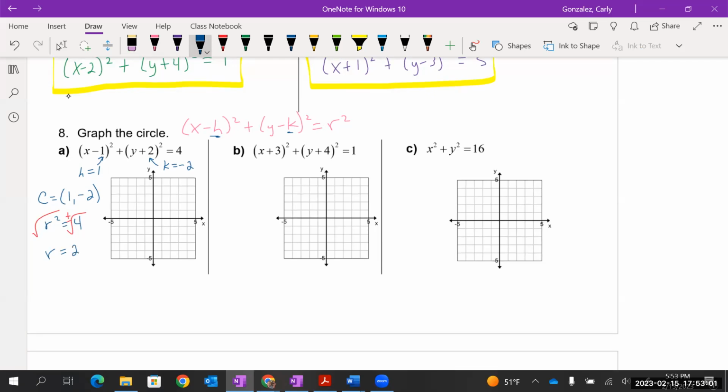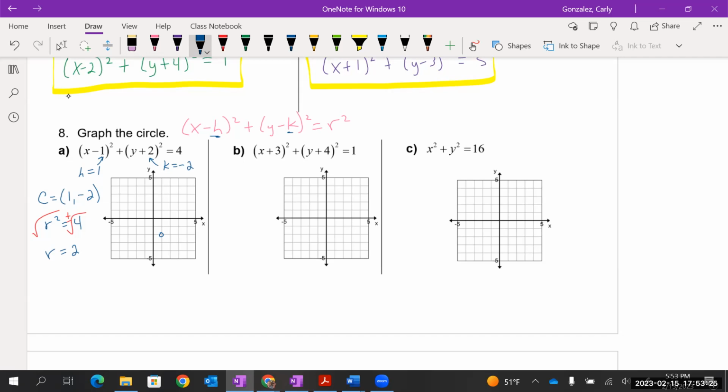So now we need to graph this circle. I'm going to start and just plot that center point. So I go right 1, down 2, and I'm going to do an open circle. That's the center. And from that center, I'm going to go 2 units in each direction. It's easiest to count vertically and horizontally.